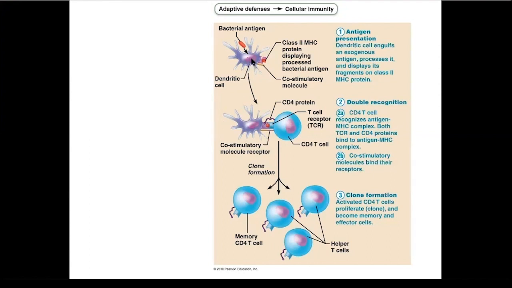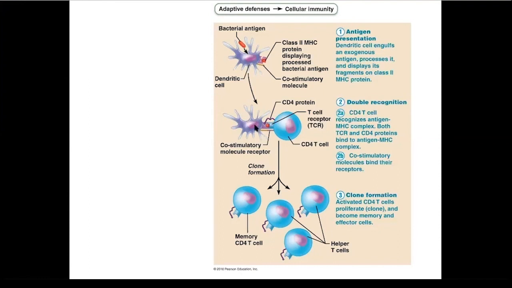The antigens then, in this case, since we're talking about an APC and a dendritic cell, expressing the antigen or presenting it to a CD4, this is going to be an MHC class 2. So the antigen is expressed on the MHC class 2. As a process of the phagocytosis, a co-stimulatory protein is going to be expressed by this dendritic cell.